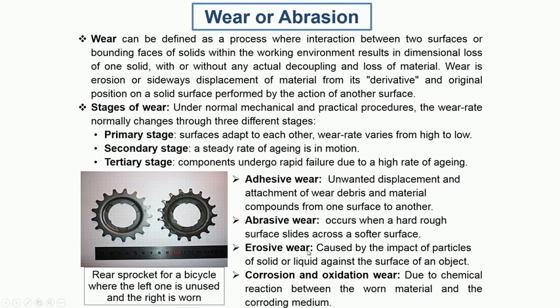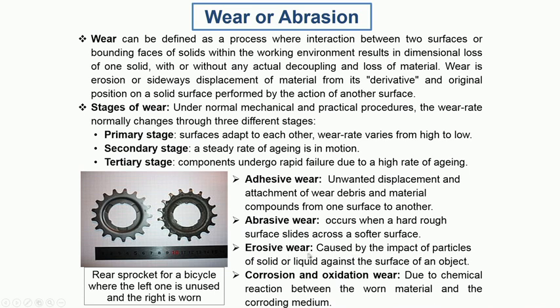In case of erosive wear or erosion, we expect a stream of particles, either solid or liquid, flowing onto the surface. For example, it can be a slurry which is hitting a rotating drum, or maybe a feeder chute, where it causes a very high amount of damage because of two reasons: the irregular shape of the particles, which are harder than the surface, and more importantly, the velocity and momentum with which they hit the surface.